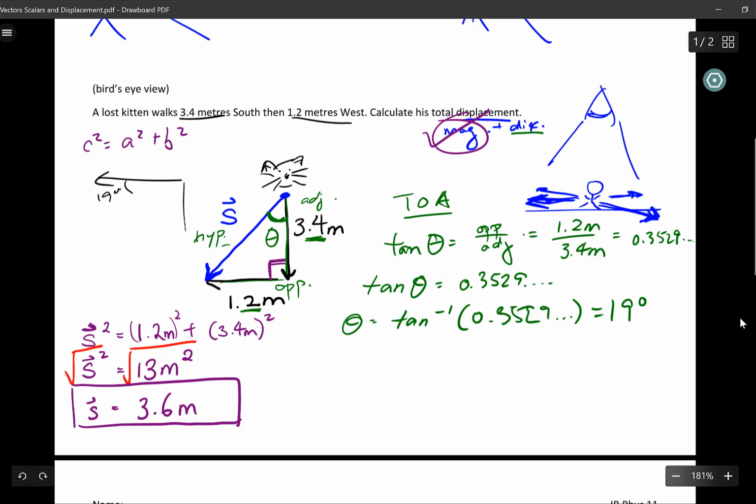Or am I talking about 19 degrees from the south marker, right? So we need to be more specific. So how do we write this down? We're going to look at how this angle was formed. To get this 90-degree angle, we first went south, then we went west. So we are going to write, and I'm going to explain this again, 3.6 meters, 19 degrees.